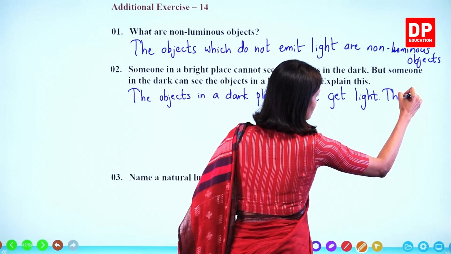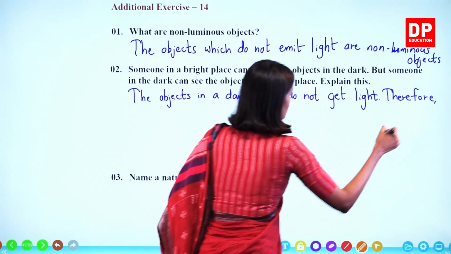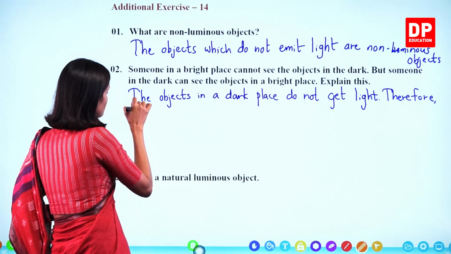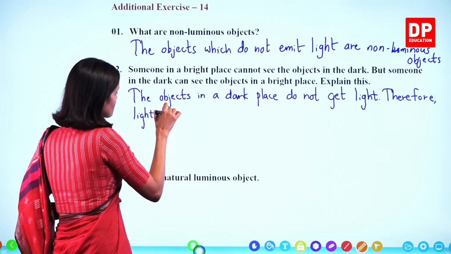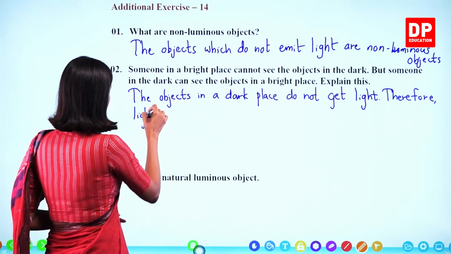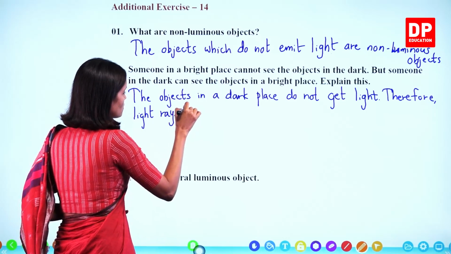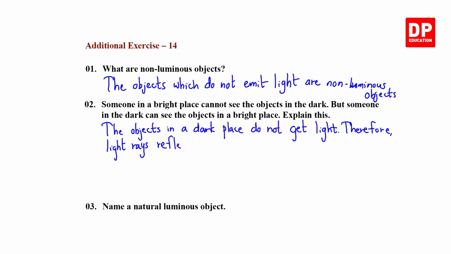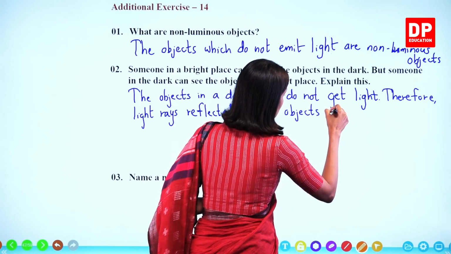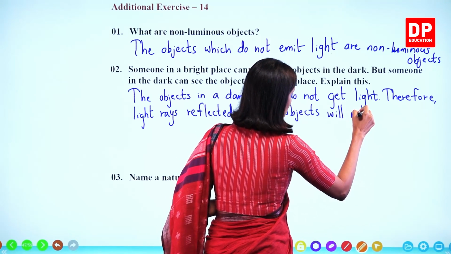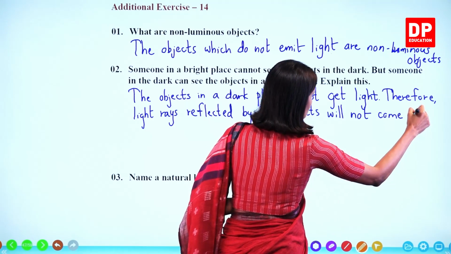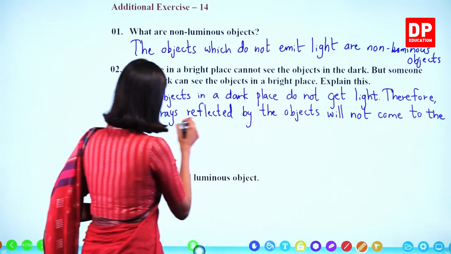Therefore, the light rays reflected by the objects will not come to the person's eye.